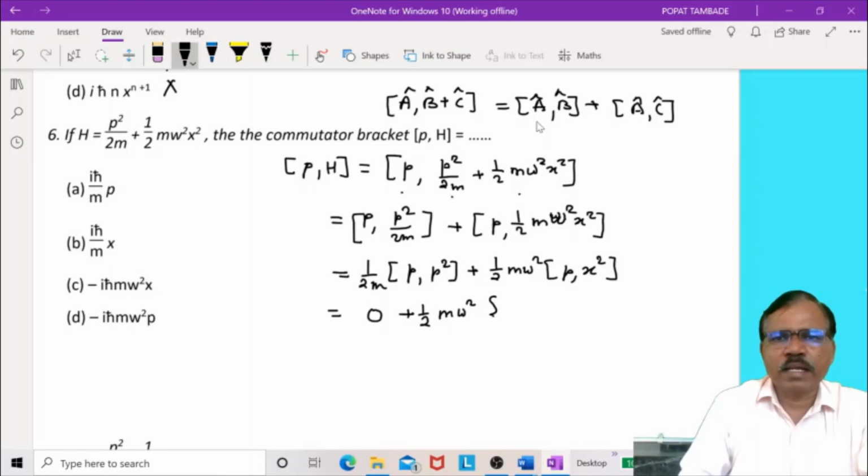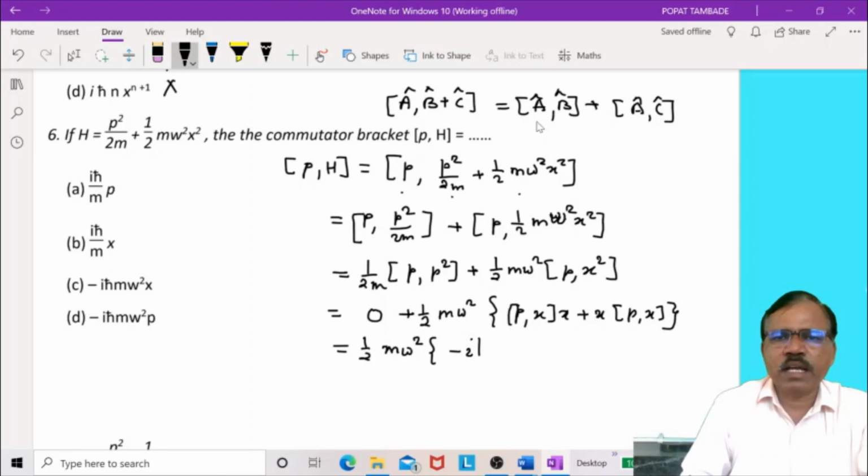Now we can write here [p, x] into x plus x [p, x] simply. So this is equal to 1/2 m omega squared. Now the commutator [p, x] is equal to minus iħ.